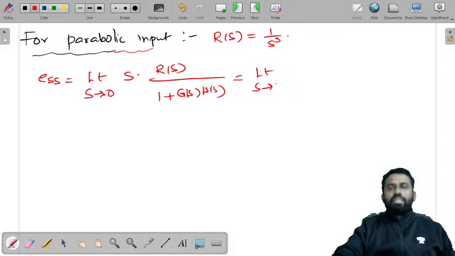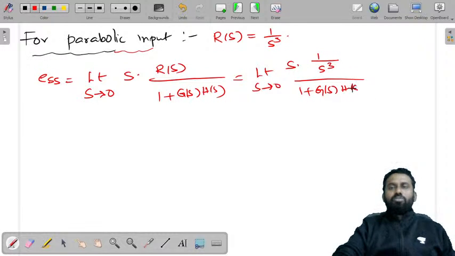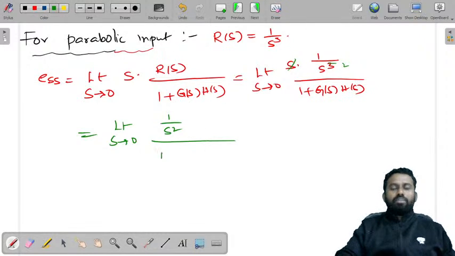So that is limit s tends to 0 of s into 1 by s cube by 1 plus g of s into h of s. So can I write this? You can cancel 2 times. So limit s tends to 0 of 1 by s square by 1 plus g of s into h of s.